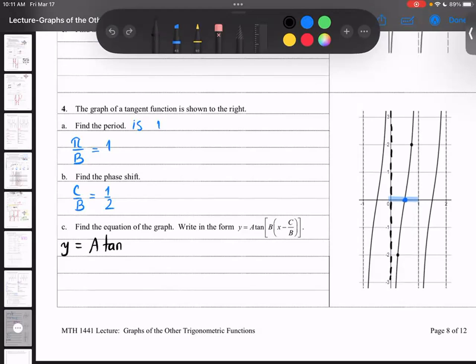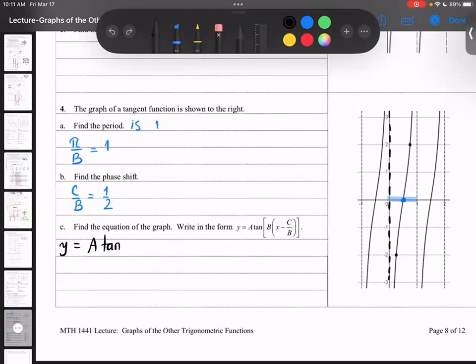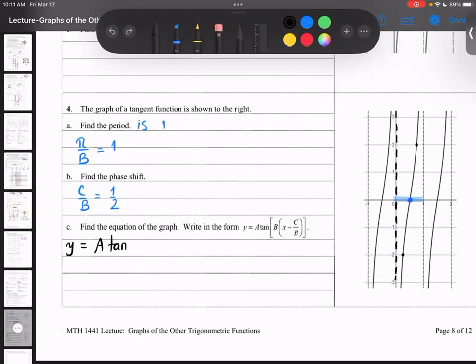What is B? How do I find B? You solve for the first one. So B equals pi, right? Just multiply both sides by B. So B is pi. X minus C over B. I know B is pi, so I can plug it in here.